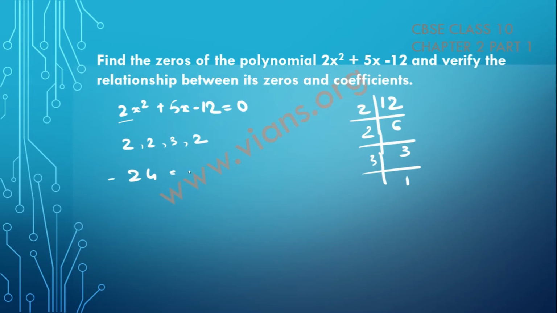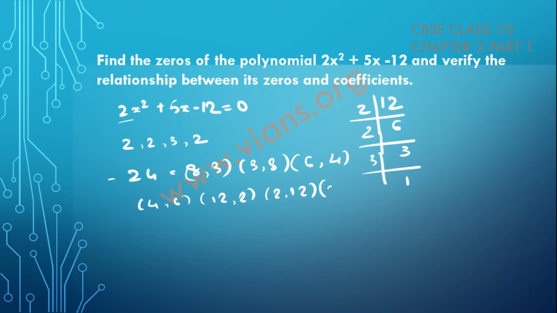So that's going to be written as either 8 3, 3 8, 6 4, 4 6, 12 2, 2 12, or 24 1, 1 24. But again, you know that the sum has to be, or the difference has to be 5, so it's going to be 8 and 3, so that can be written as 2x squared plus 8x minus 3x minus 12 is equal to 0.